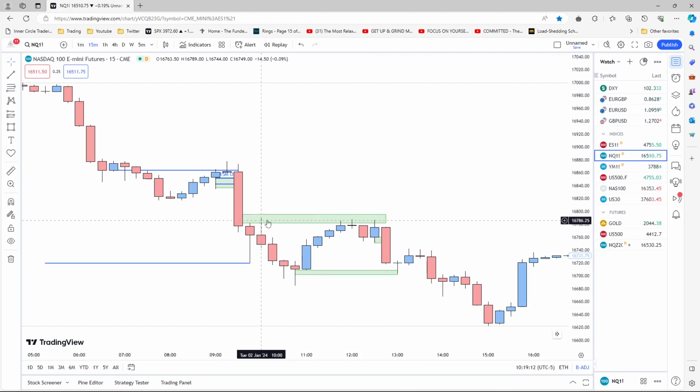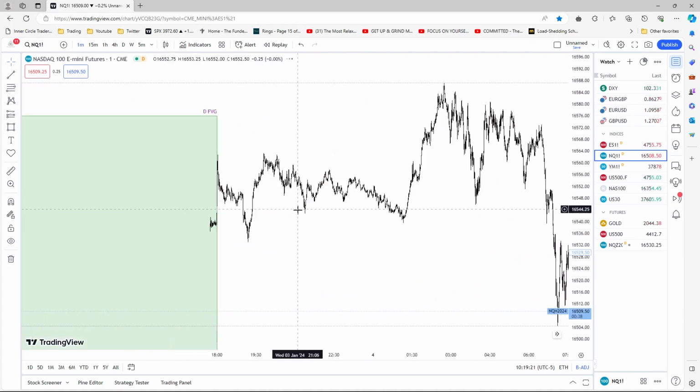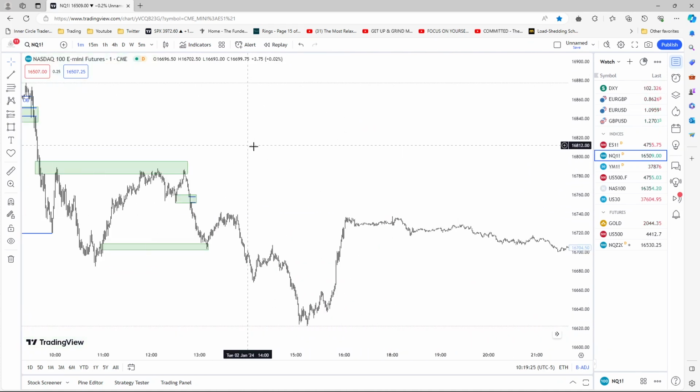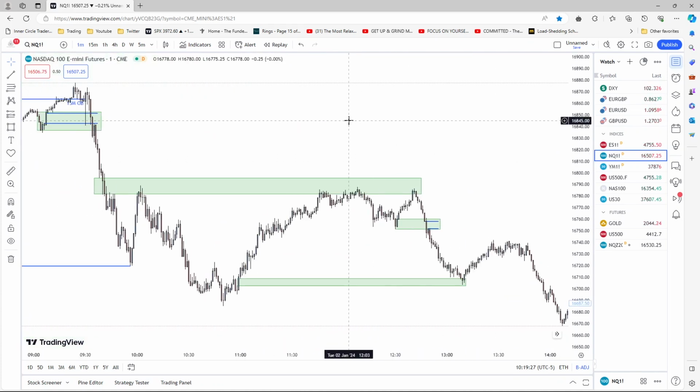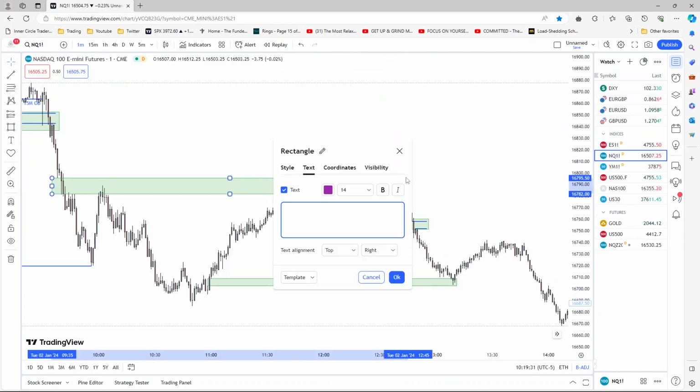But I would be looking at this wick, and I would say consequent encroachment of this wick, and we were hanging around the consequent encroachment of this wick. But let's leave the fair value gap in play. It's just easier for most people to understand it because you can clearly visualize the level. Let me just, for the sake of the video, use the 5-minute fair value gap.